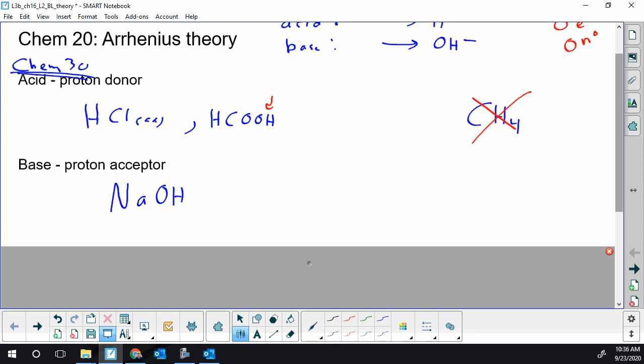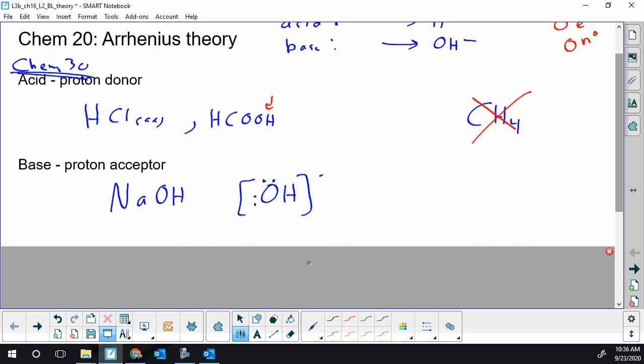Now you're going to visualize that. Hydroxide ion. That's a hydroxide ion. Where's the proton acceptor? Oh, it's those lone pairs. They want to suck in an H plus. So that's a specific location.